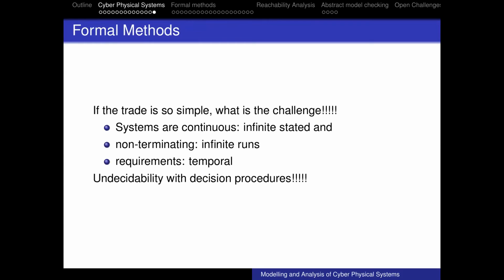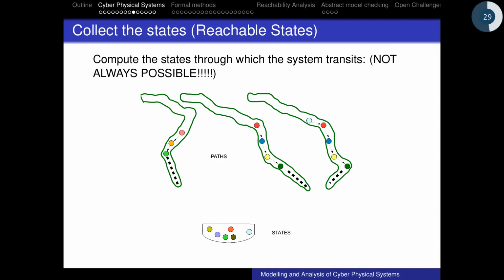So basically it might look easy, but there are various challenges because systems are continuous and infinite stated. That means if you are trying to solve verification of such infinite stated systems, then often you might run into non-decidability, right? Then you have non-terminating infinite runs, which I have already illustrated. Then there could be other challenges such as requirements being temporal, right? For instance, let's go back in here.